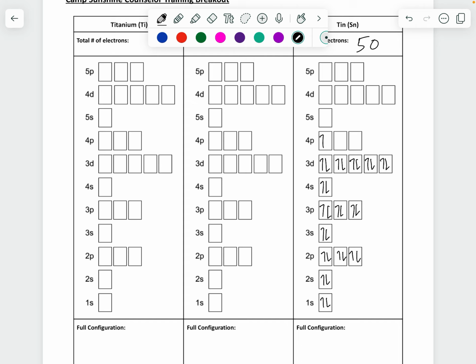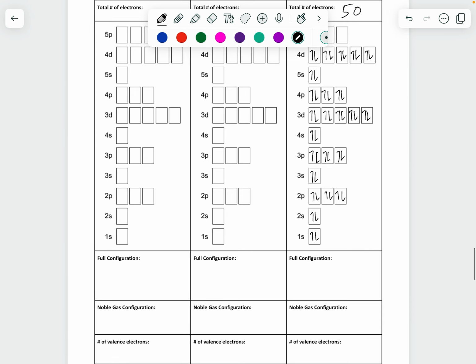There we go. Here, we have to keep going because we are going to hit the 5S. We have so far 2, 4, 6, 8, 10, 12, 14, 16, 18, 20, 22, 24, 26, 28, 30, 32, 34, 36, 38. And we keep going. This is going to be 48. This is going to be 49, and this is going to be 50. And that would be ending at 5p2.